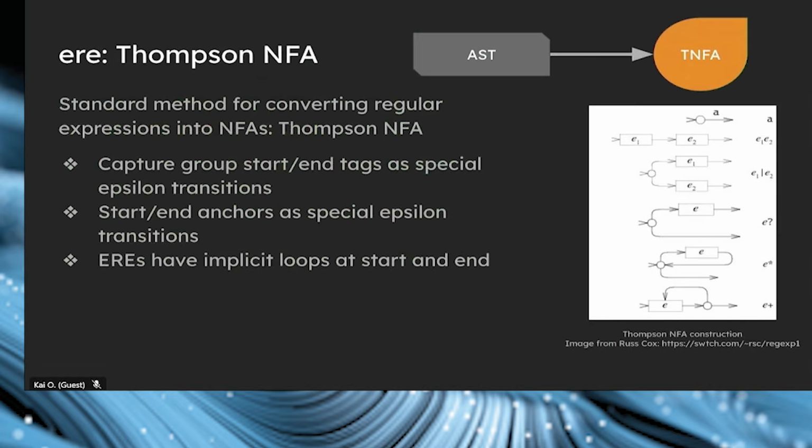But the main thing we're getting into is Thompson NFAs. Thompson NFA is probably the standard way of converting regular expressions from the tree-based format into a kind of state machine. And here we can see the different components.